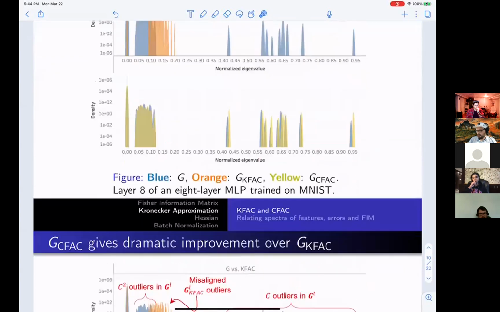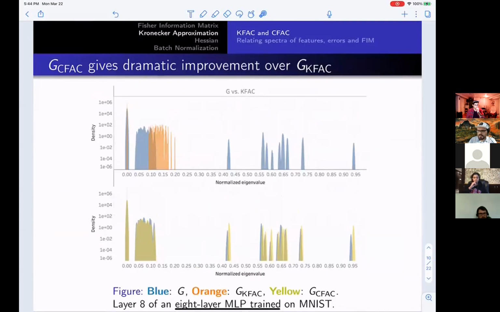So for example, here you can indeed see that KFAC is not approximating correctly the top eigenspaces, whereas CFAC is, because cats and dogs do not meet in CFAC, but they can meet in KFAC.